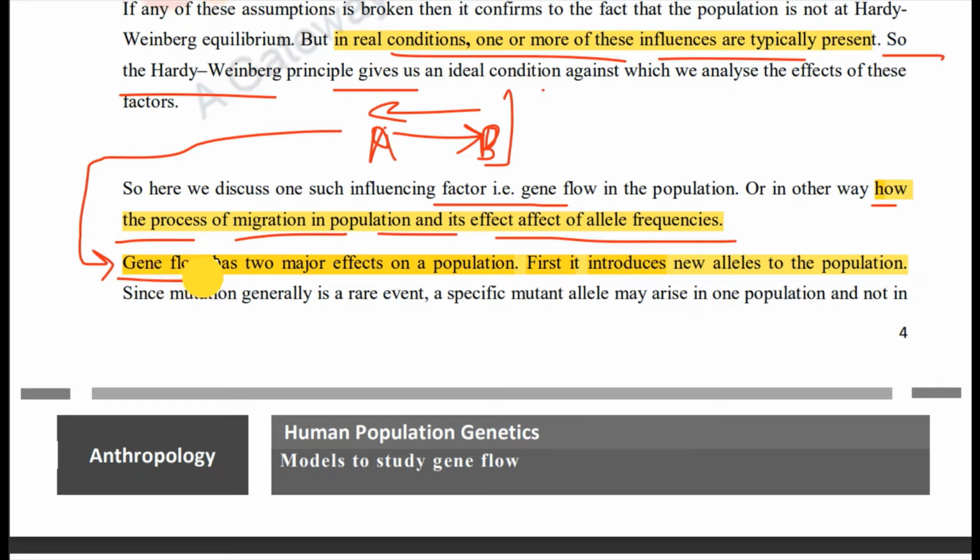So gene flow is the mechanism, or a part of a migratory event, which affects the gene pool of the population. It either introduces new alleles, or it removes a section of allele frequency or a section of genotype from the population. So it could be either way.